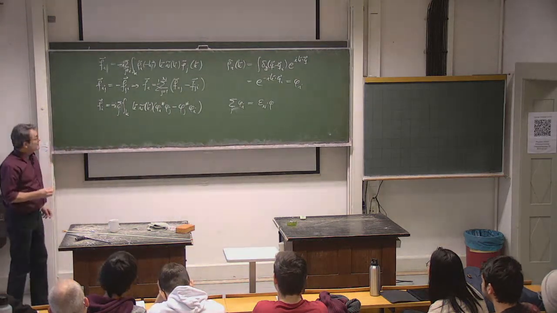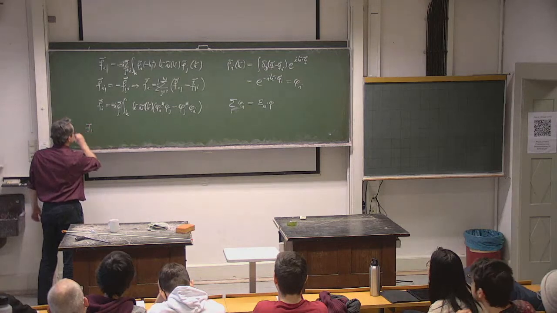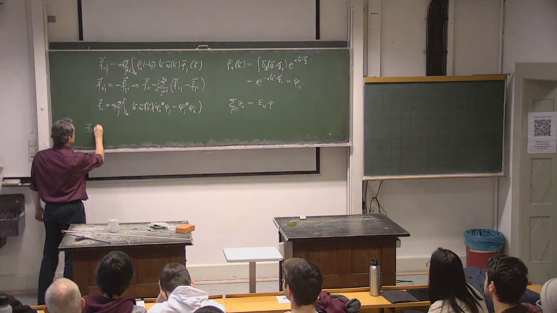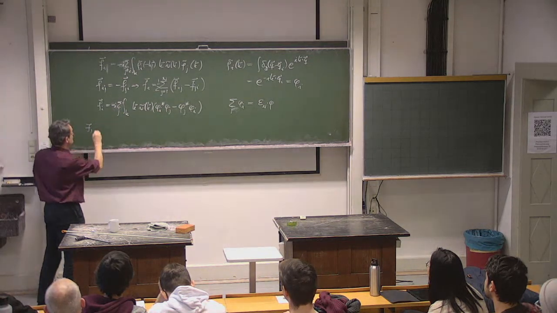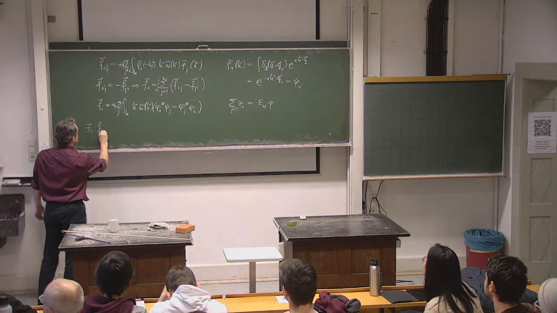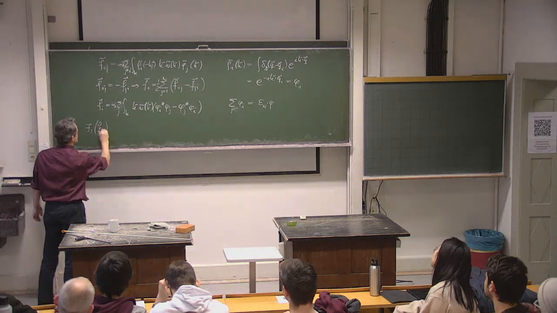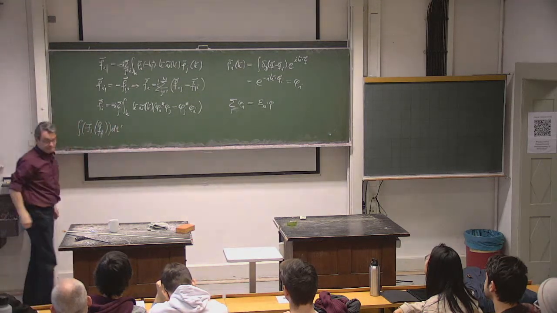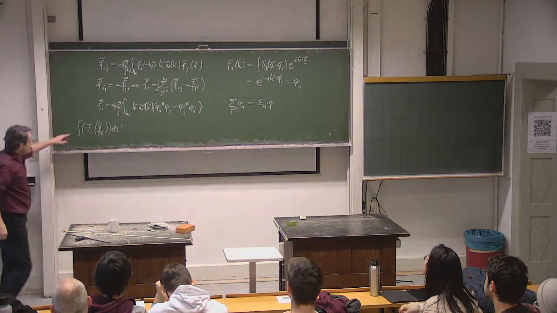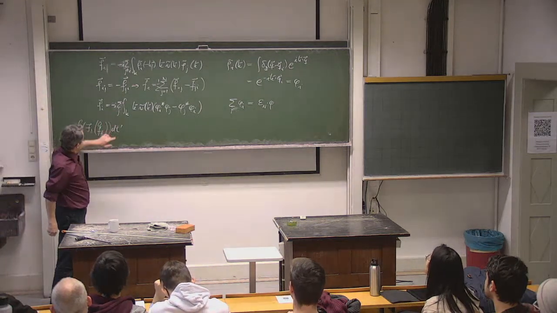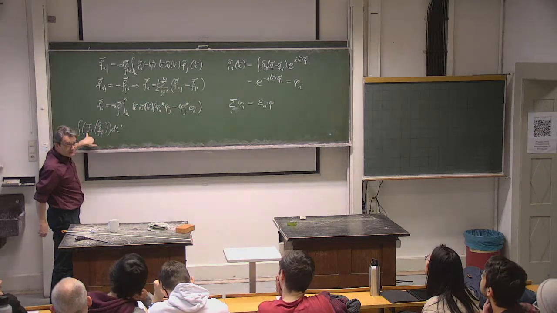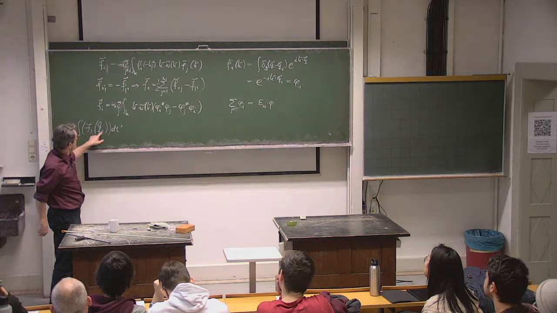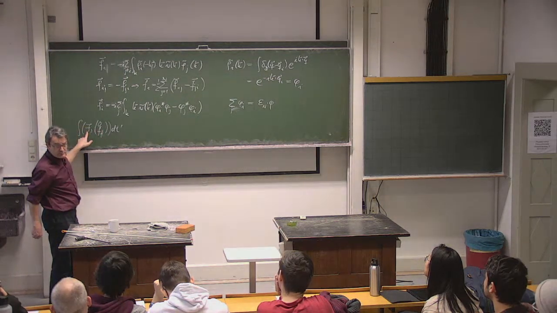Now I need to evaluate the Green's function and so on times the force F_i, and I need to integrate this over time. But this means that I'll just have to multiply F_i with a component of j, p_i.